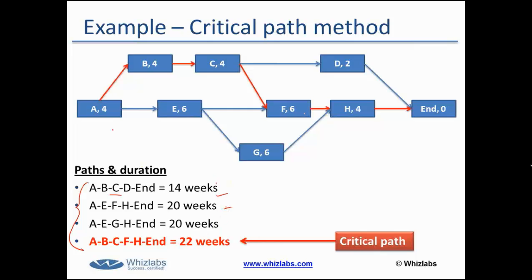This way, if you calculate the duration of the 4 paths, you would see this path A, B, C, F, H, end has the longest duration of 22 weeks. The path that is shown with the red arrows in the diagram has the longest duration in the project. That duration is the critical path.